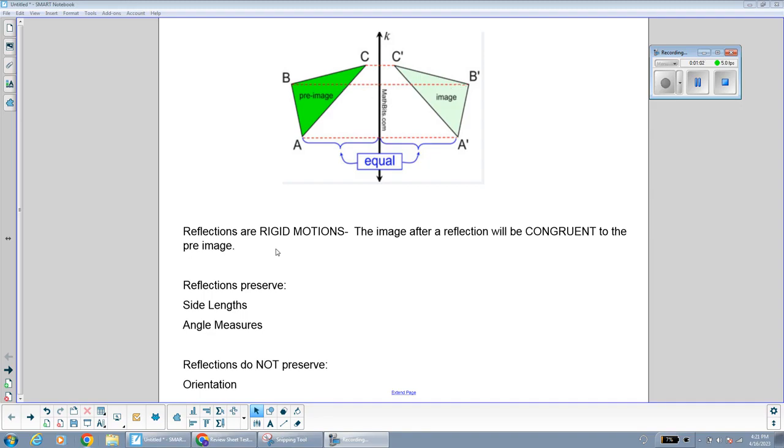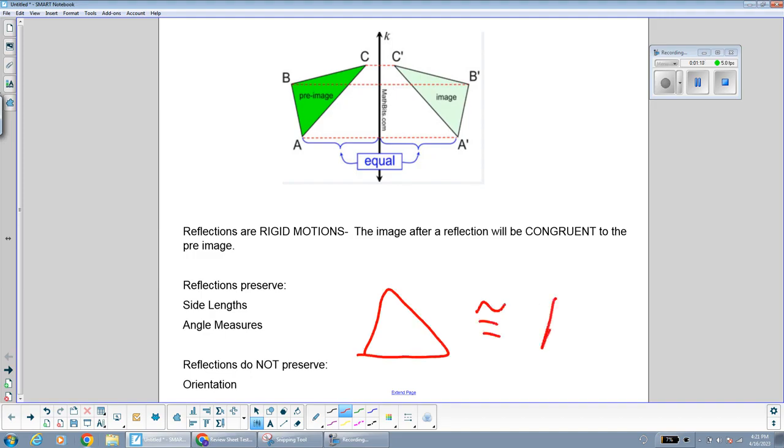So, a couple of things about reflections. They are rigid motions. That means that the image after a reflection will be congruent to the pre-image. Since reflections make congruent figures, we know that when two figures are congruent to each other, like triangles, they are exactly the same size and shape.